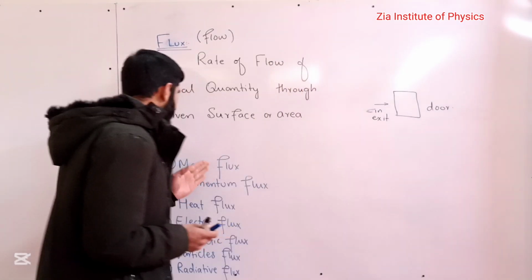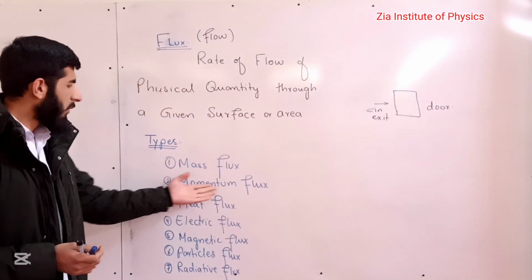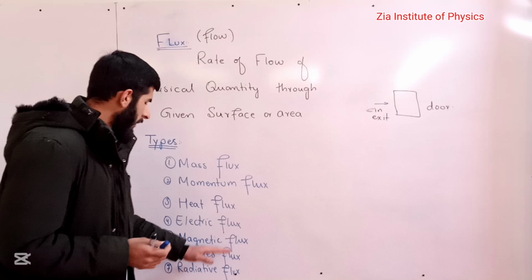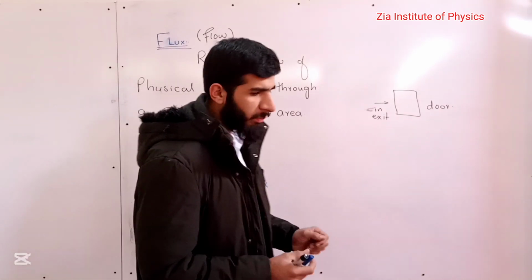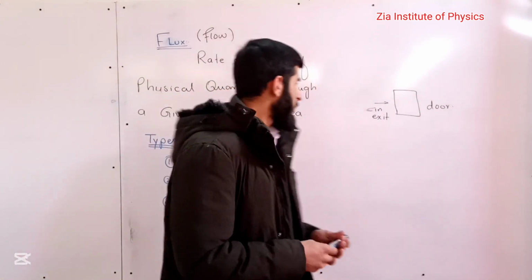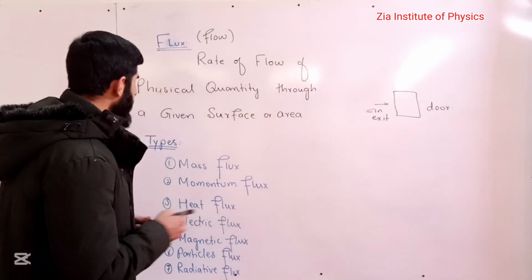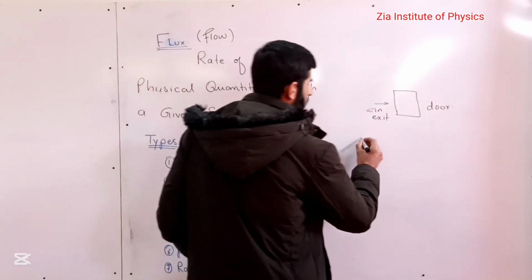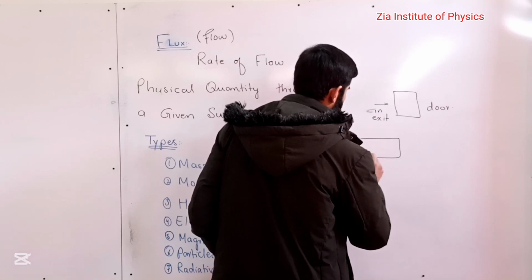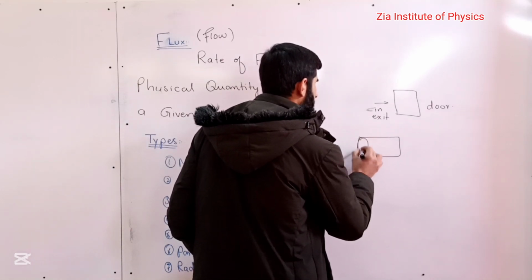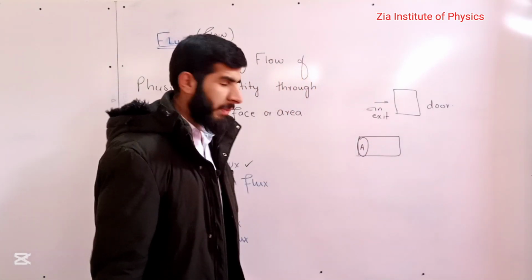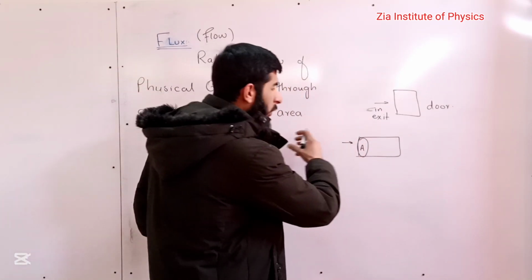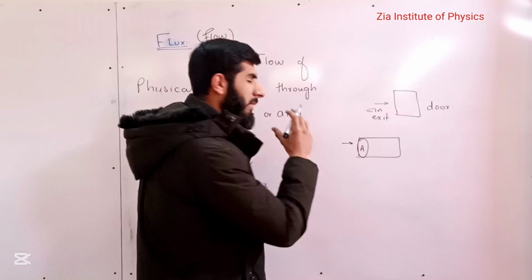For example, the types are mass flux, momentum flux, heat flux, electric flux, magnetic flux, particle flux, radioactive flux, and many more. I will take the example of mass flux. Suppose this is a pipe and this is the cross-sectional area of that pipe, and mass of the fluid flows inside or comes outside of the pipe.